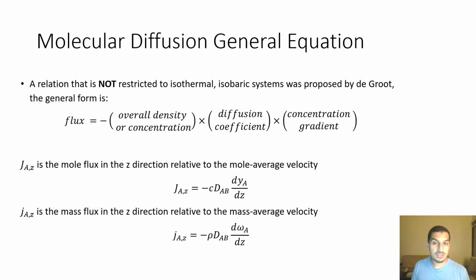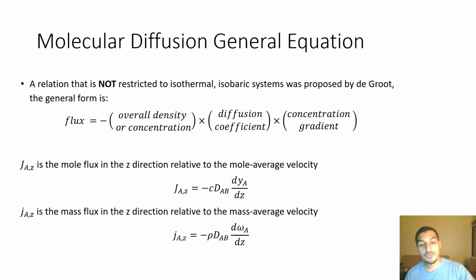Again, this can be applied for isothermal, non-isothermal, and non-isobaric conditions. It was proposed by De Groot. I don't think it's as famous as Fick's law, maybe because Fick is the first person who did this, and then De Groot just made some modifications to the equation, so it's not as famous from the mass transfer point of view.